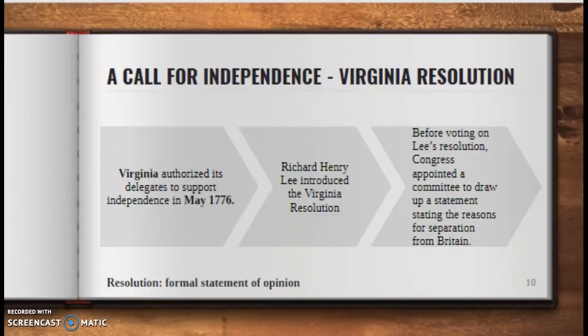Remember, a resolution is a formal statement of opinion, and that opinion was essentially we should break away from Great Britain. Before voting on Lee's resolution, however, Congress appointed a committee to draw up a statement stating the reasons for separation from Great Britain.